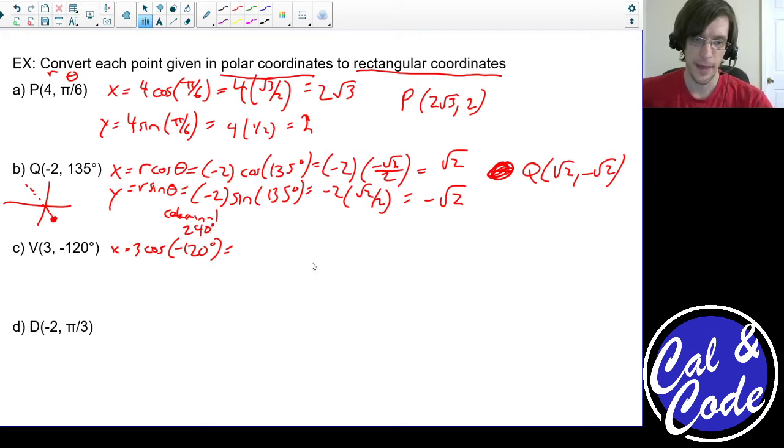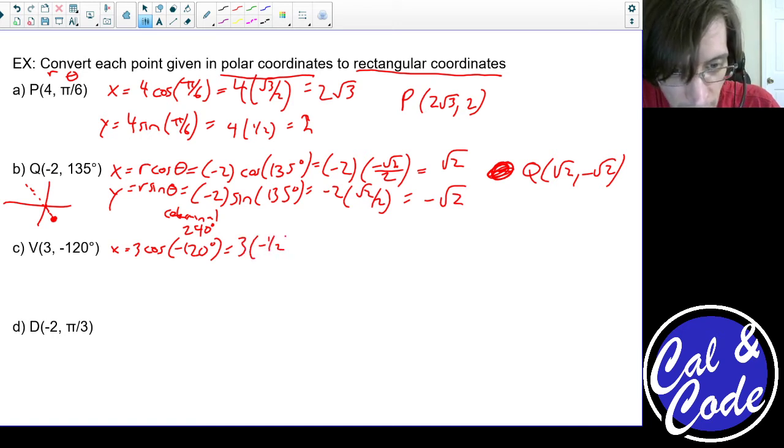So if I think about that, and I'm going to try to find the cosine of negative 120 degrees, cosine there is going to be negative 1/2. So I've got 3 times negative 1/2, or negative 3/2.